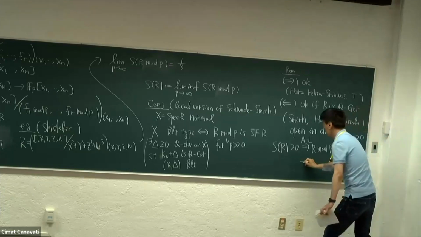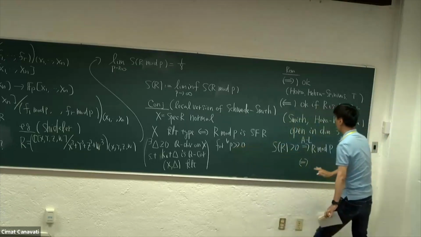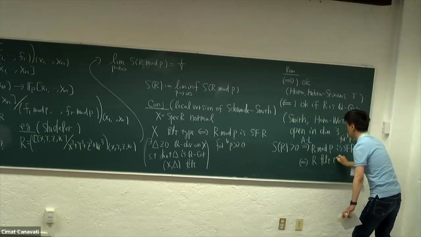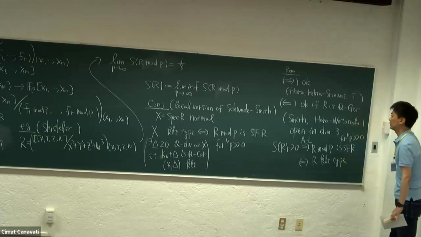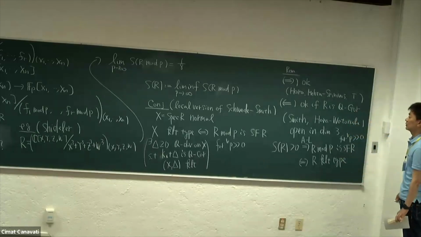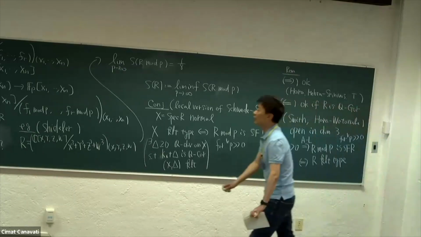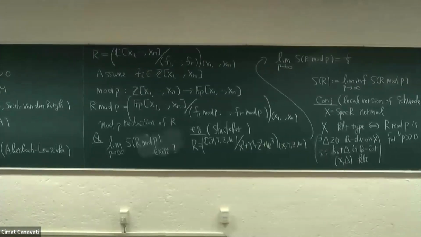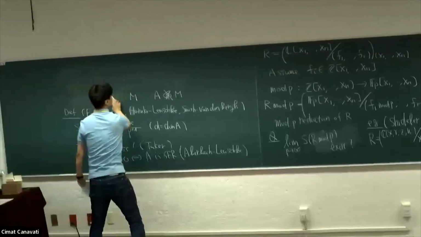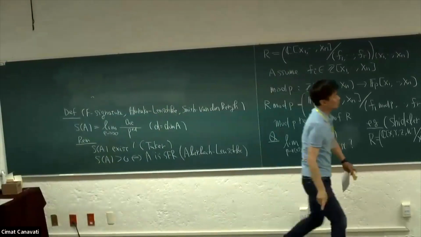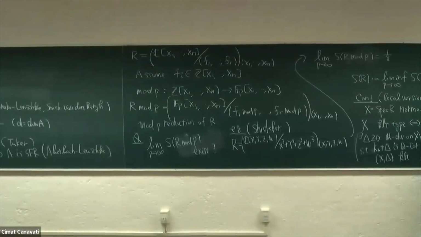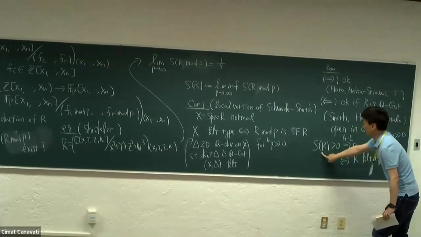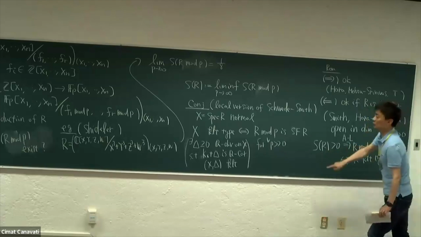So if you believe this conjecture, this is equivalent to R being KLT type. The natural question is how about the converse? If R is KLT type, then do we have positivity of the F-signature in characteristic 0?